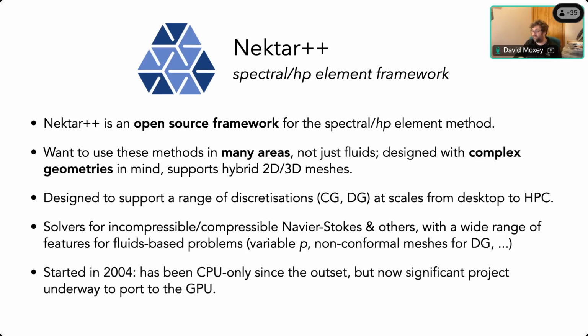This started in 2004 or thereabouts, by Mike and Spencer Sherwin at Imperial. And we've built a lot of architecture on top of that initial foundation. For example, our compressible Navier-Stokes has a variety of features, including variable polynomial order, non-conformal meshes, different equations of state for different gas models and such. So we've spent quite a lot of time developing this.